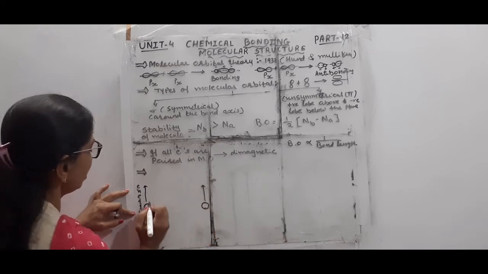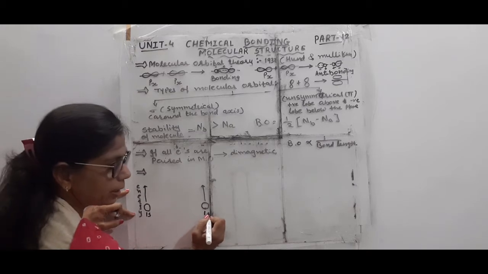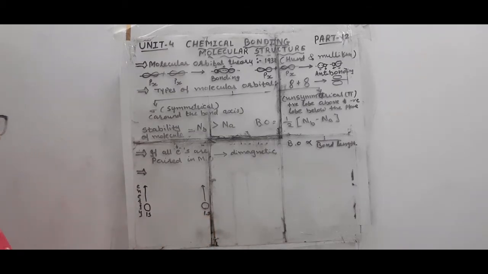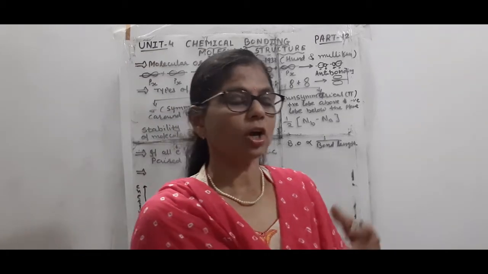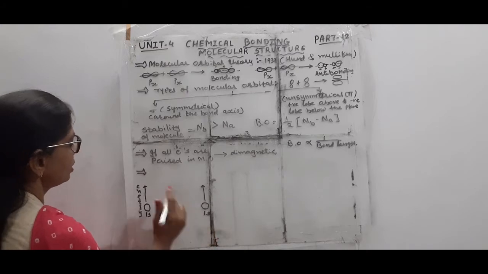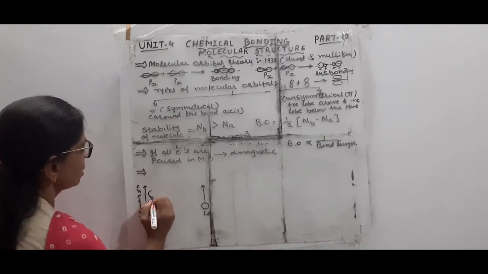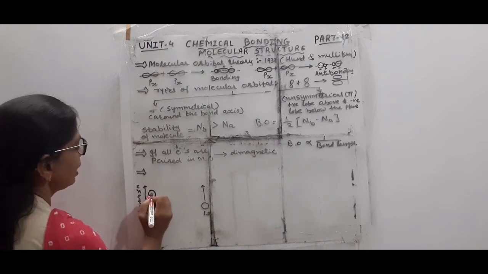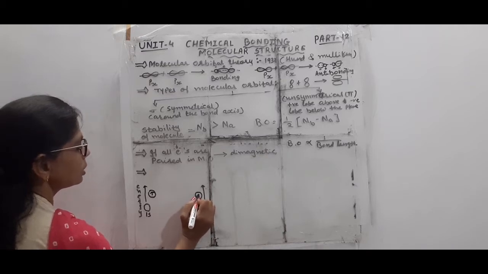So we are drawing only for the 1s orbital for this, and here it is also the 1s orbital. This is our atomic orbital for this hydrogen and the atomic orbital for this hydrogen. So now how the overlapping takes place, students. One hydrogen is having one electron and another hydrogen is having another electron, students.